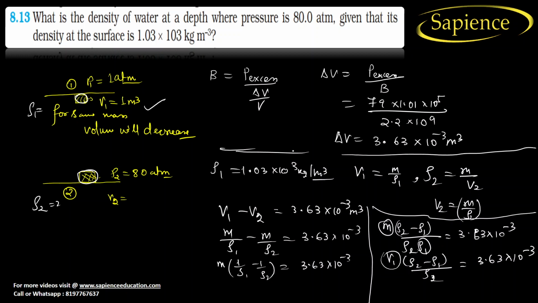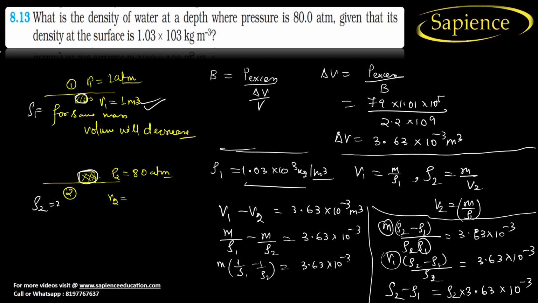V1 we have already taken as 1 meter cube. So the final equation is rho 2 minus rho 1 is equal to rho 2 into 3.63 into 10 to the power minus 3. We already have the value of rho 1, which is 1.03 into 10 to the power 3.